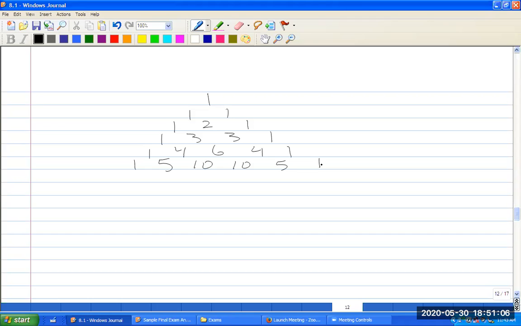Now this will tell me the coefficients that I need. And so this is a plus b to the 5th.